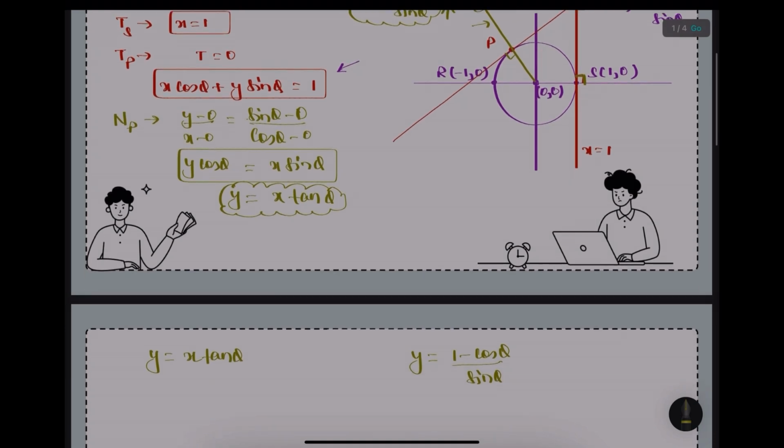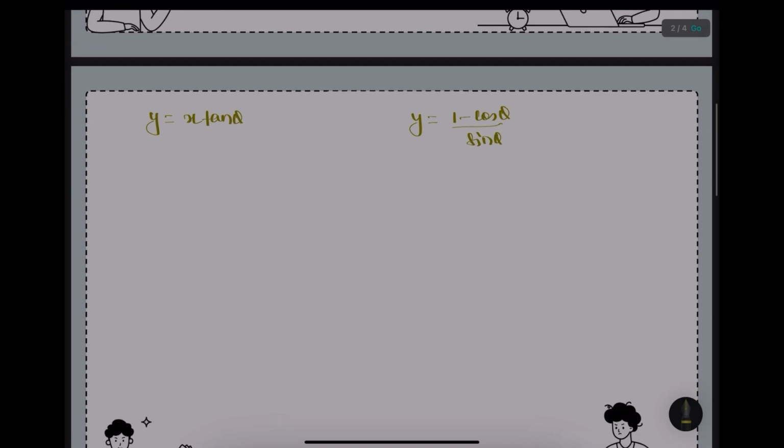Now look at this. If you want to simplify, you have to remove the locus. Means you have to find out the equation of something, and that something should not contain any entity which you have asked to come.